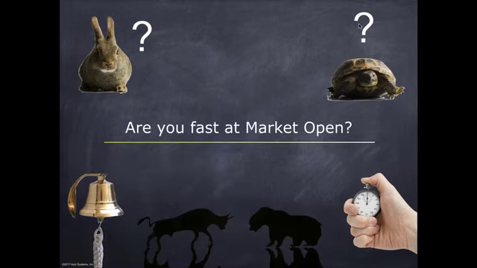And then another way is looking at how fast you are when you need to start using your application. If you take an example like when a market opens, so if you're running a financial service type application, when the market opens, you need your application to be running as fast as it needs to run at that point.